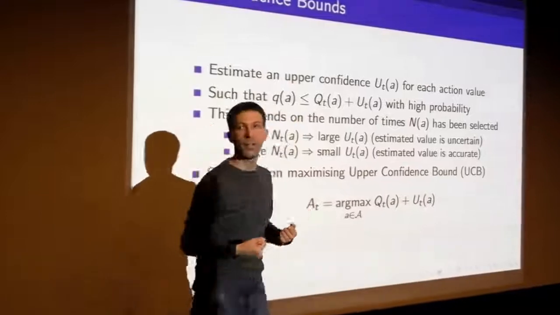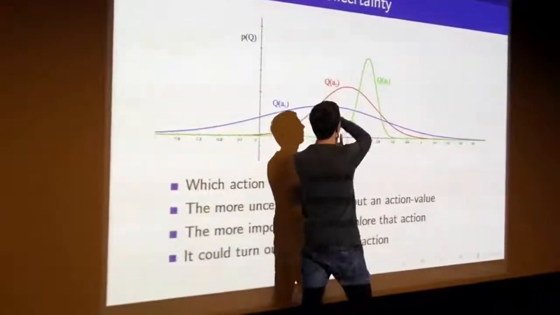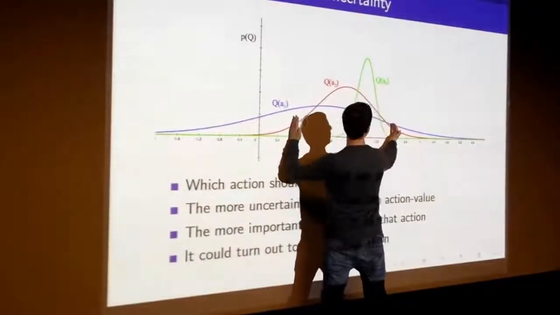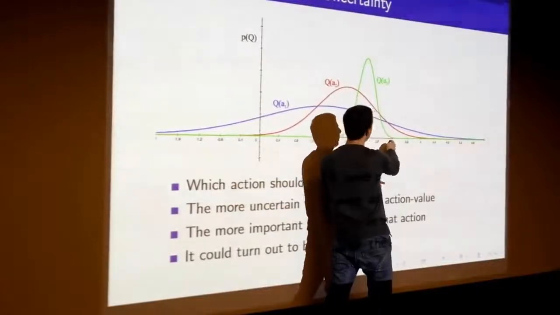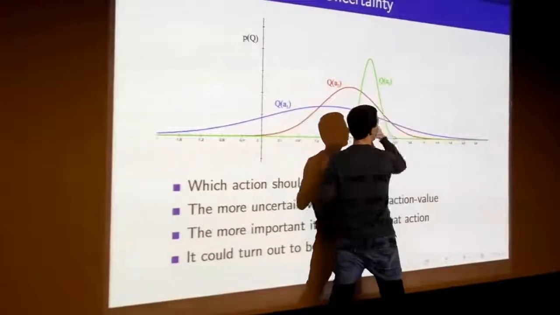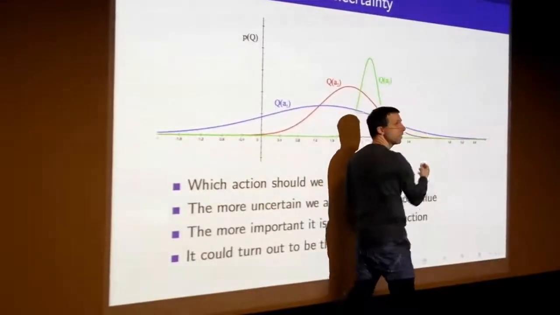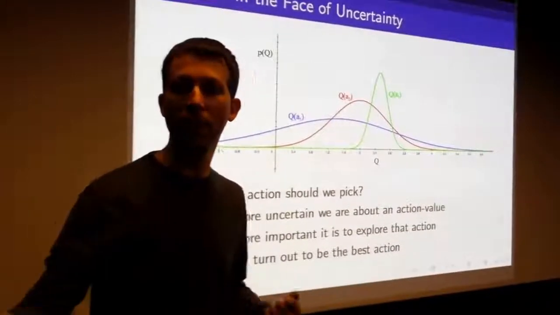So we're going to say, maybe I'm 95% confident that this one is going to be within this range here. And so that gives us our point that we use. That's our U value here. And compared to this one, we might say a 95% confidence interval is here. We're going to use that as our U value. So think of them as high probability confidence intervals on what our Q value could possibly be.